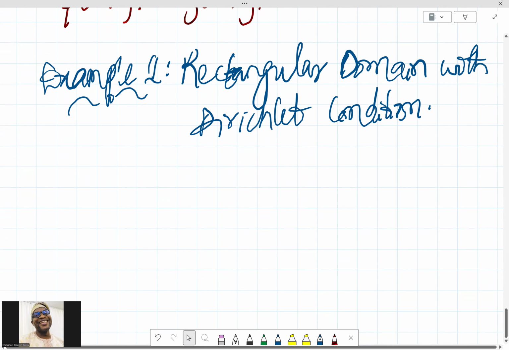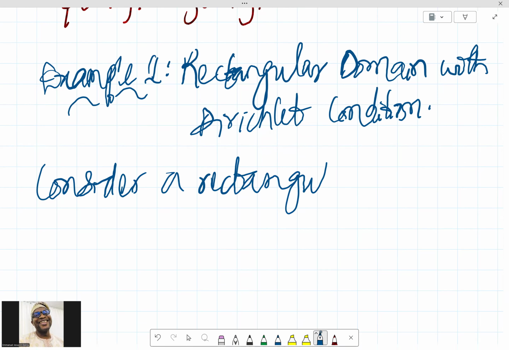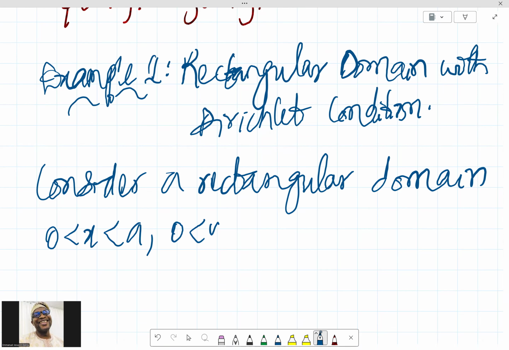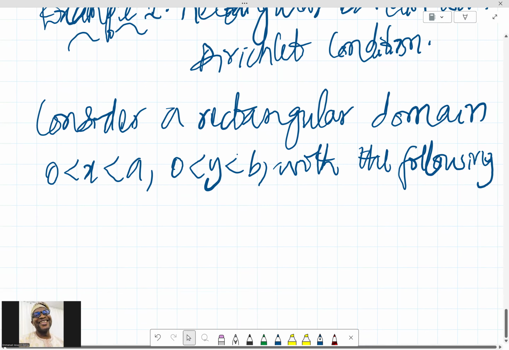Consider a rectangular domain, 0 less than x less than a and 0 less than y less than b, with the following boundary conditions.